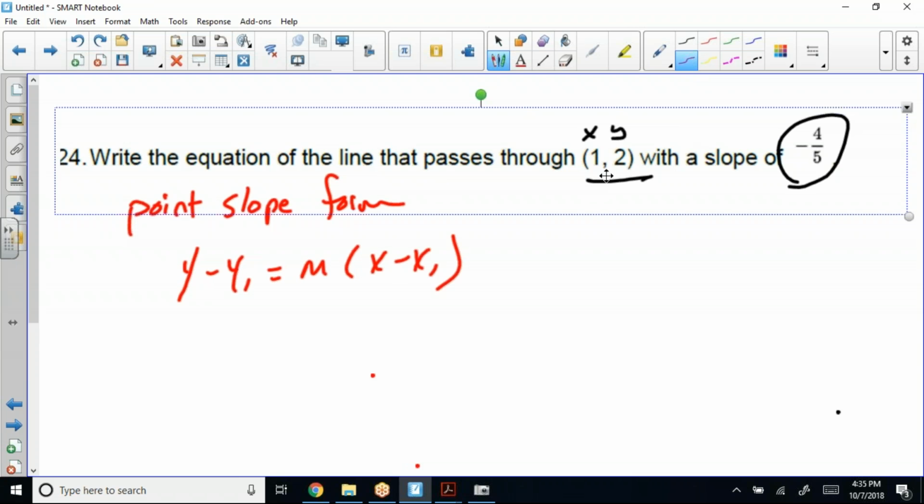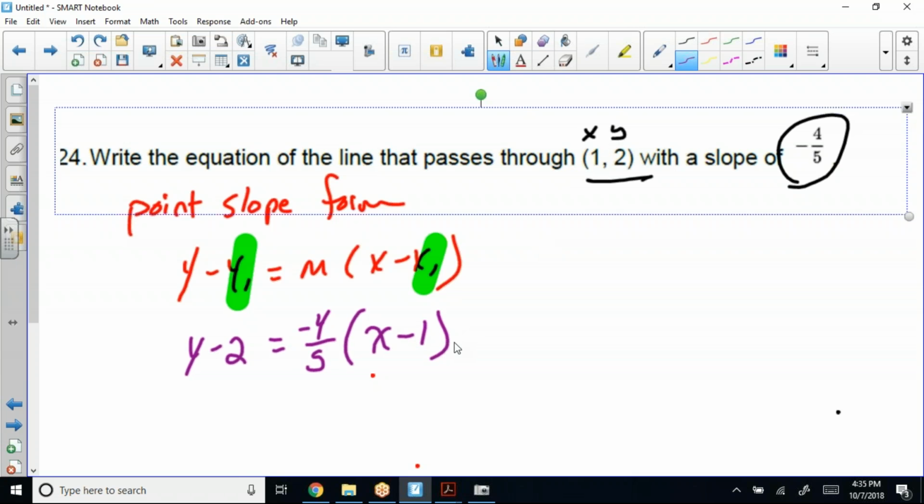So what you have to understand is when you plug these x and y coordinates into the equation, you have to change the signs because it's y minus and x minus. So this 2 now becomes negative 2. The slope is 4/5. That's x. This 1, a positive 1, now becomes a negative 1.